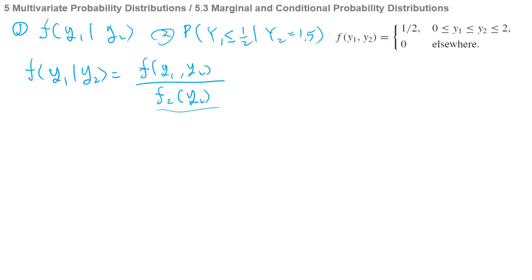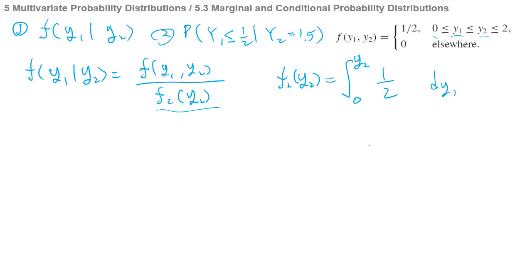So we need to calculate this one. For f2 of y2, from the knowledge of marginal density, we can integrate with respect to dy1, and actually y1 is from 0 to y2. So from 0 to y2, dy1 times 1 over 2.